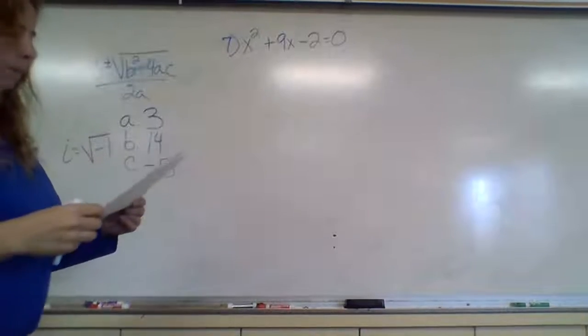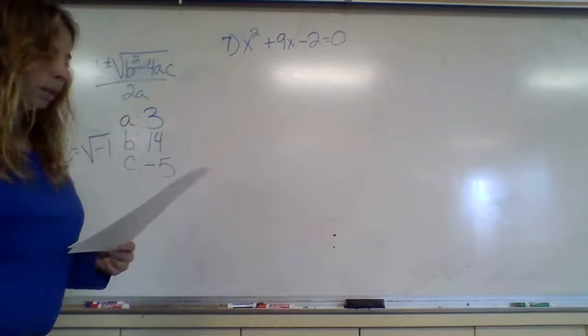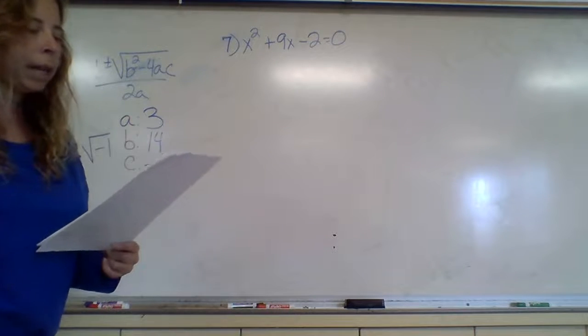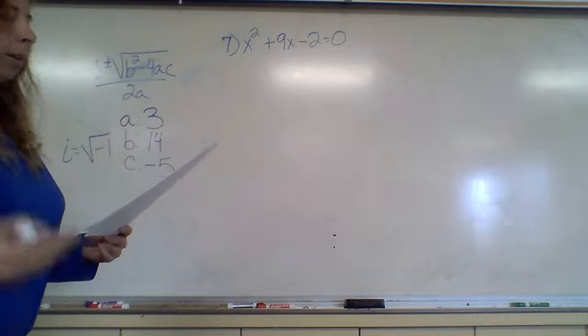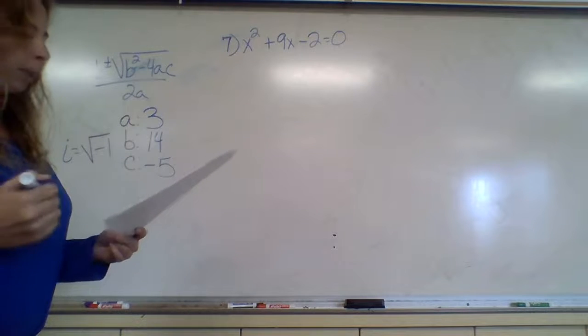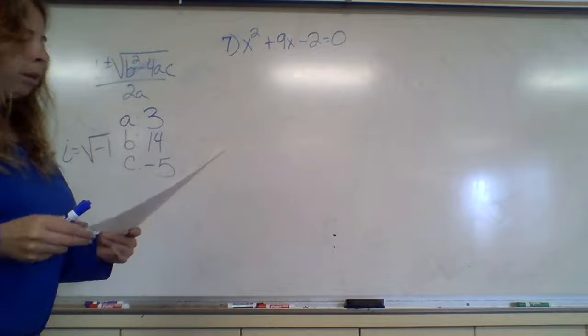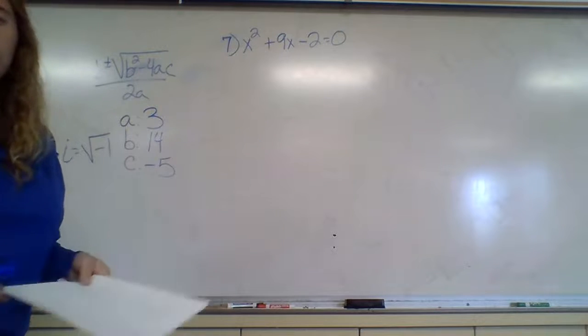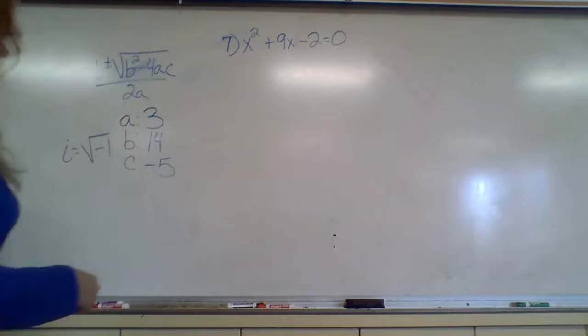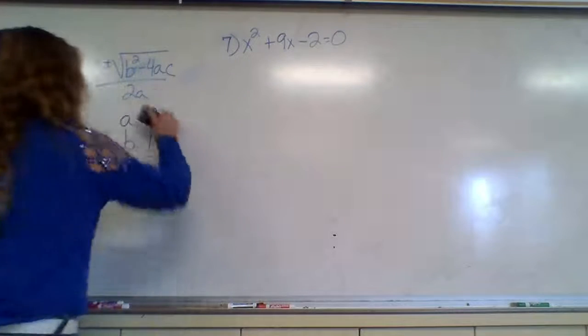Okay. 7 through 9. It says, find how many roots and classify. Are they complex or real? If they're real, are they rational or irrational? So this is where we're going to use our discriminant. Oh, this is from the last problem. Hold on. Let's erase that.